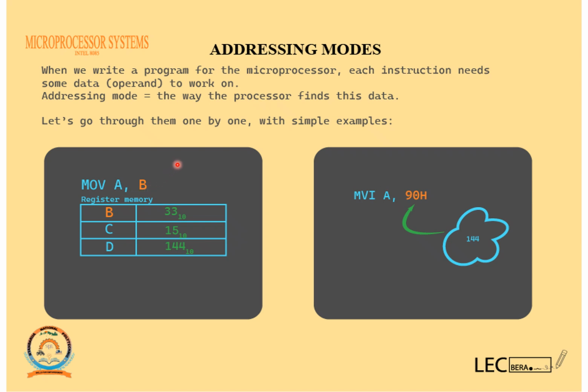Of course, not all instructions must contain an operand, but whenever we have an operand, there is a way this microprocessor is going to work on this operand. Now addressing mode here is the way the processor finds this data.